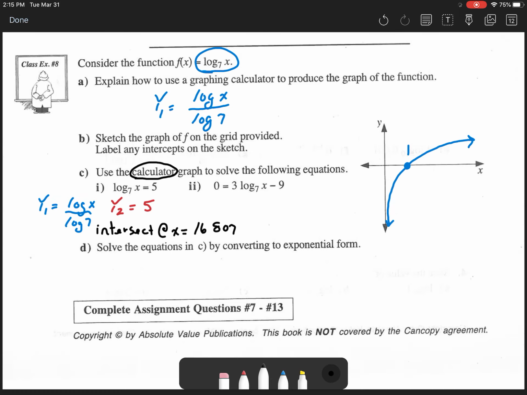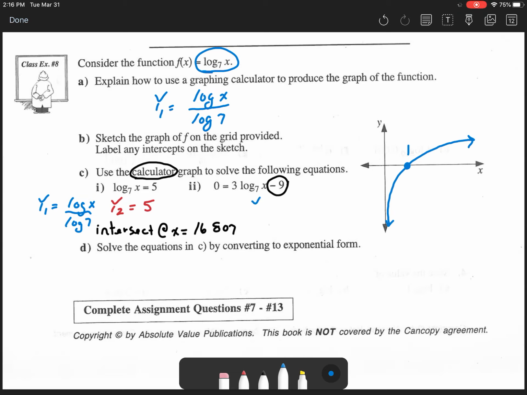In number 2, if you want to solve it using the same method we did in the first one, you would want to move this 9 to the other side of the equation. Now, you could solve it by graphing everything as one function and just looking for the x-intercepts, but if I solve it the same way I did in the first one, I would graph the following equations.